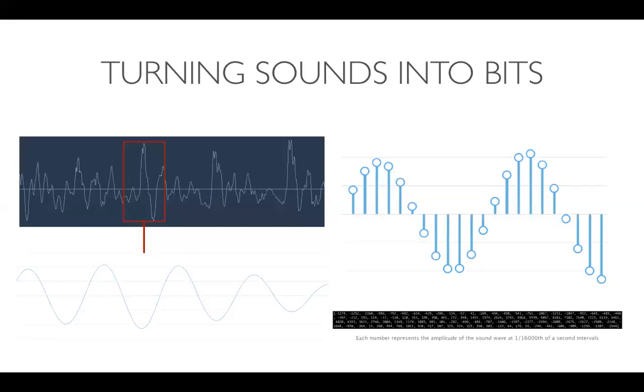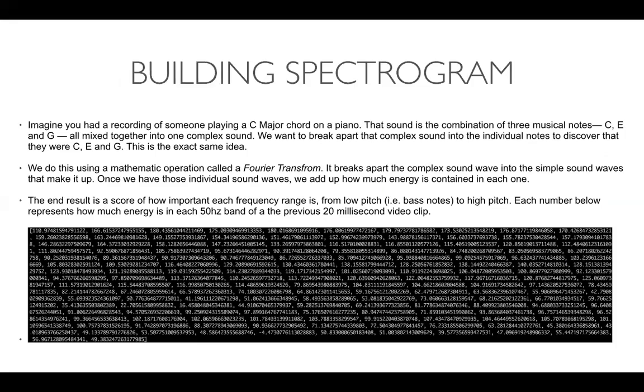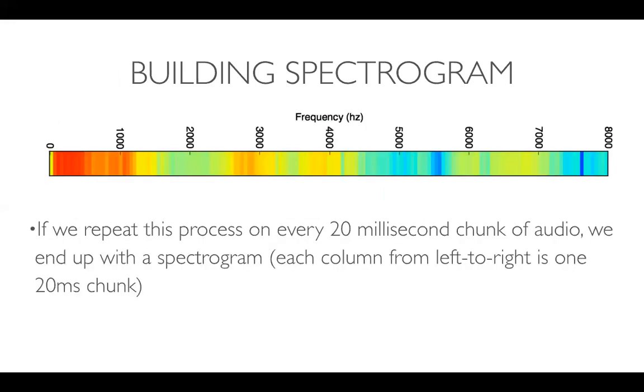If we zoom into the 50 hertz portion, we will see this full wave. Based on that, we get the energy for that particular portion, and we get these values. If we plot the values, we see colors. This is a spectrogram of one little 20 millisecond chunk of audio.